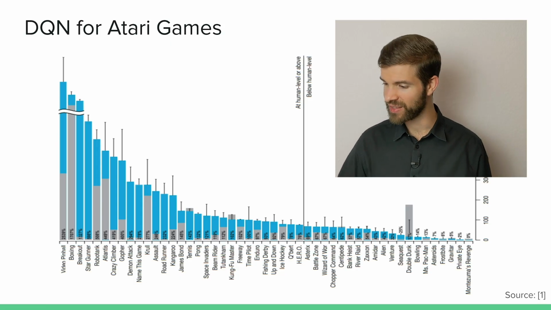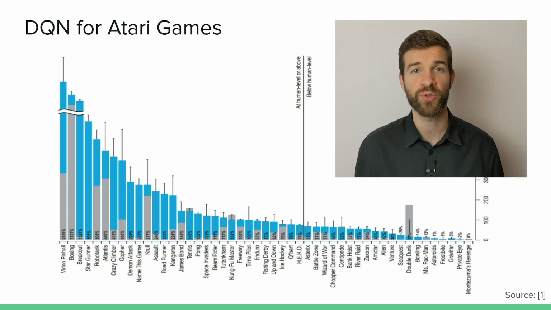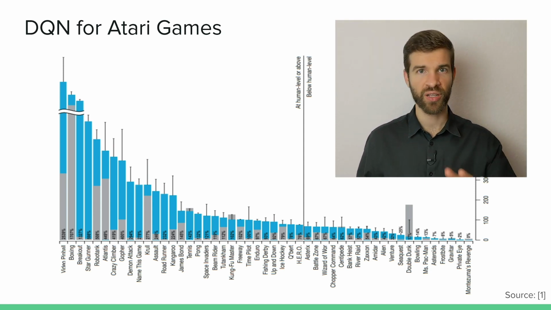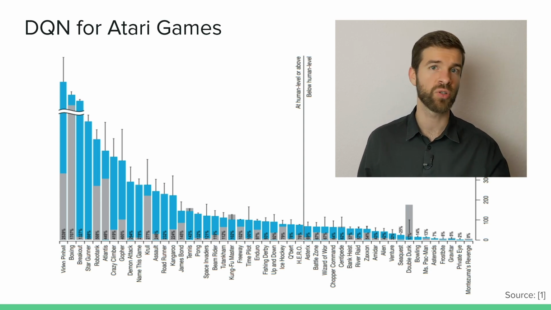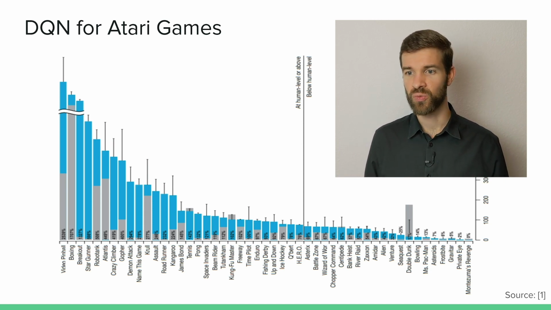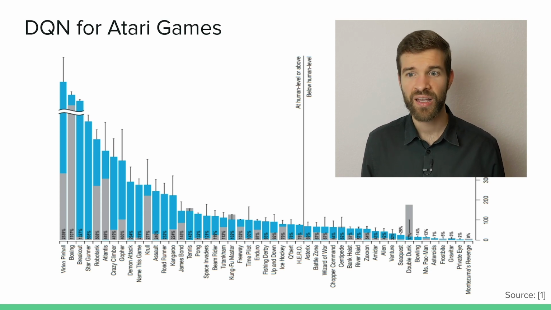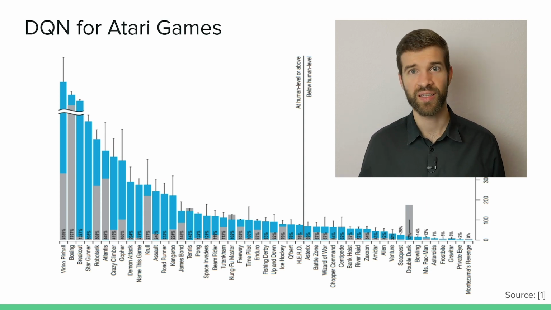One example here is at the end of this list: Montezuma's Revenge, which is a jump and run game where you have to jump around and find a key, and then with that key you can, I think, open a chest or something, and that wins the game. So most of the actions that the computer takes will not see any rewards up until the point where it actually wins the game.